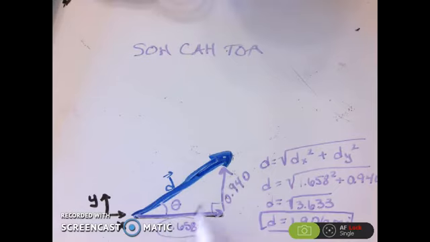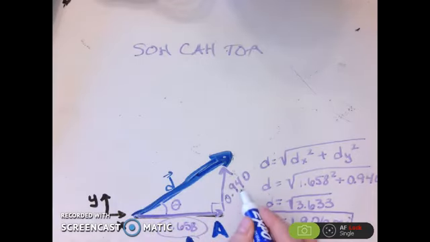So using Sohcahtoa, the first thing we do is identify our sides. Well, this side is attached. Okay, you math people, we can call it adjacent. Everybody else think of it as attached. It's much easier. We're going to put a big A on this side here.